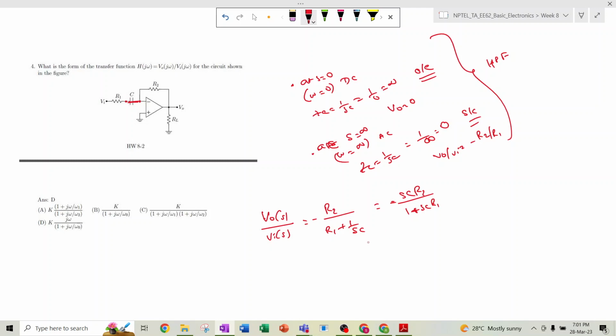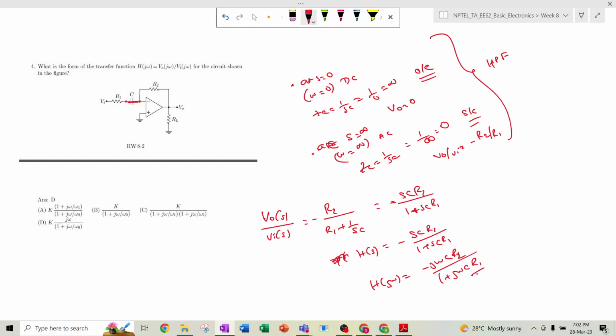So now this T of S, or we can say H of S, equals minus SCR2 divided by 1 plus SCR1. If we put S equal to J omega, it is minus J omega CR2 divided by 1 plus J omega CR1.